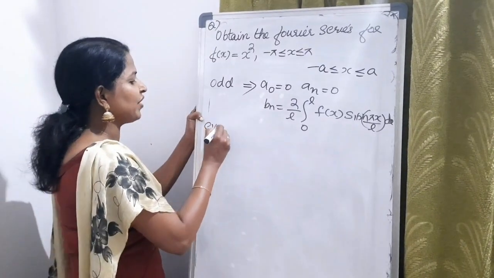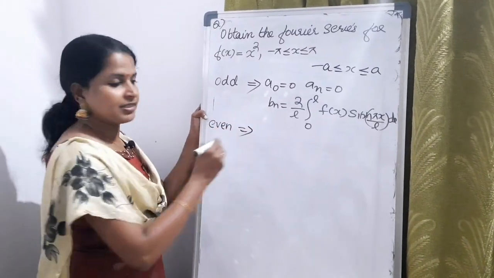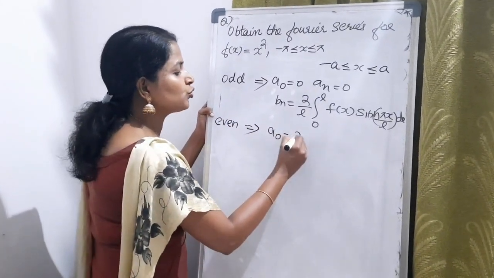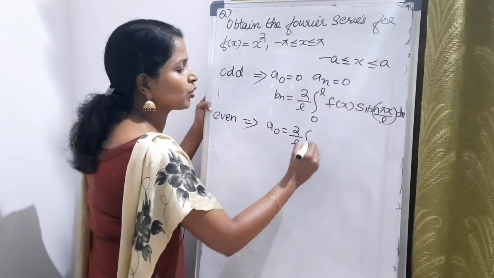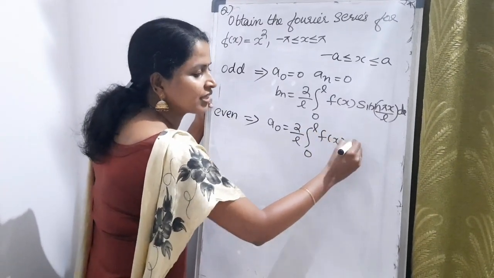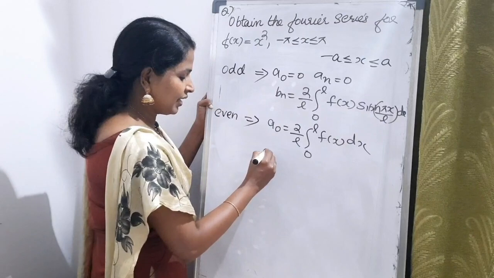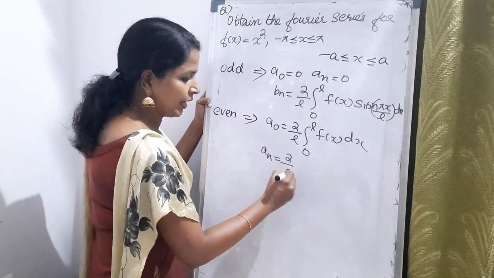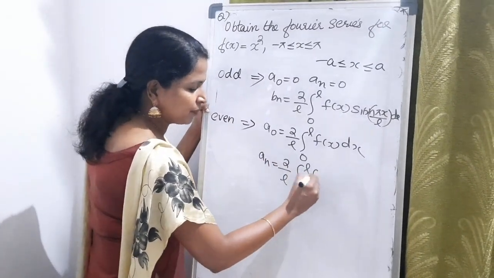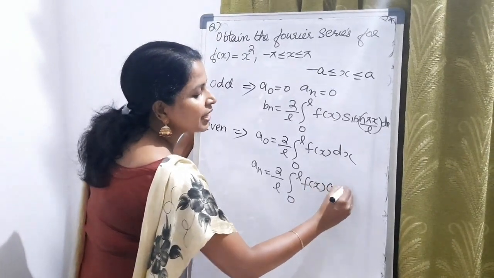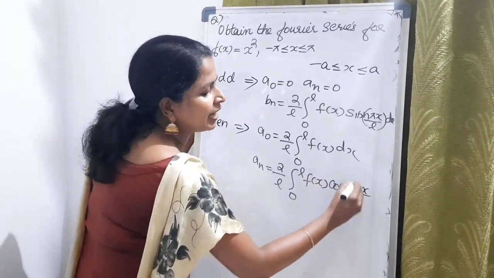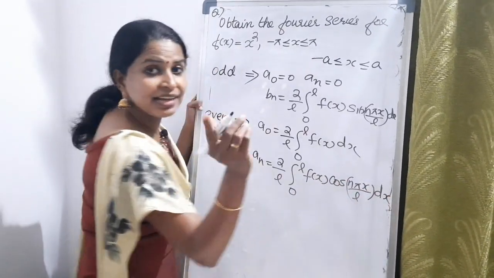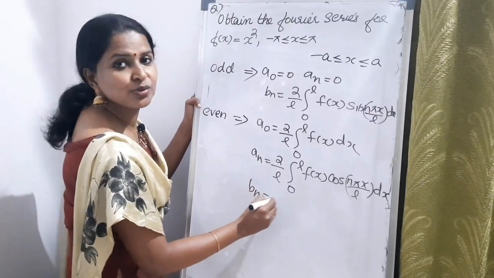If it is even, then a naught is equal to 2 by L into integral 0 to L f of x dx, an is equal to 2 by L into integral 0 to L f of x cos n pi x by L dx, and bn is equal to 0.